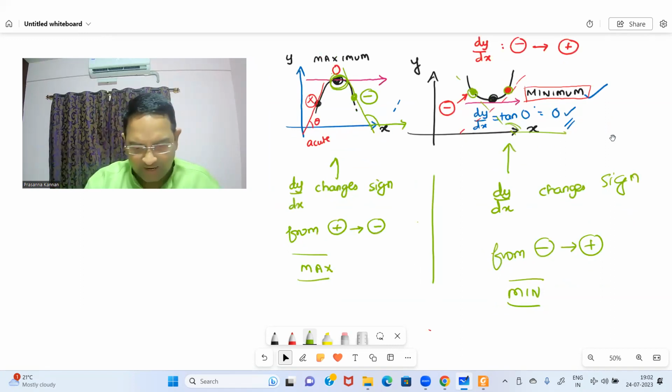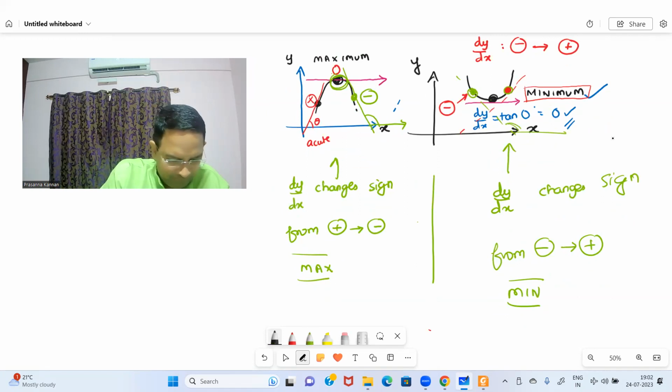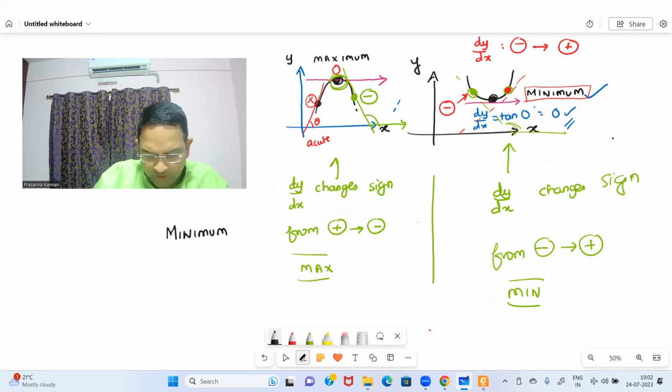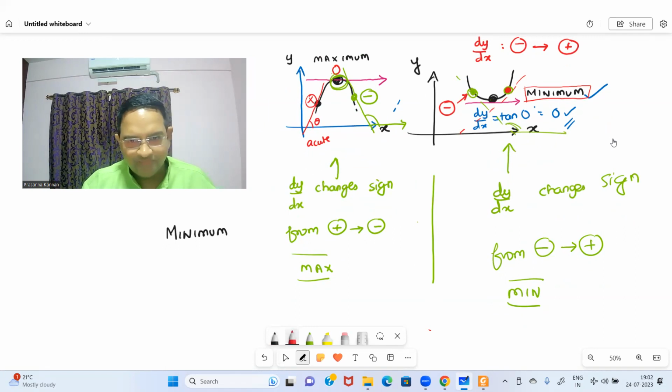So we can state two conditions. If a function is reaching a minimum at a particular point, what is the first condition? Wherever it is reaching a minimum, what is the condition?